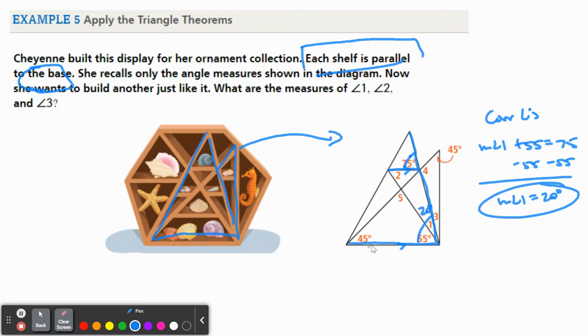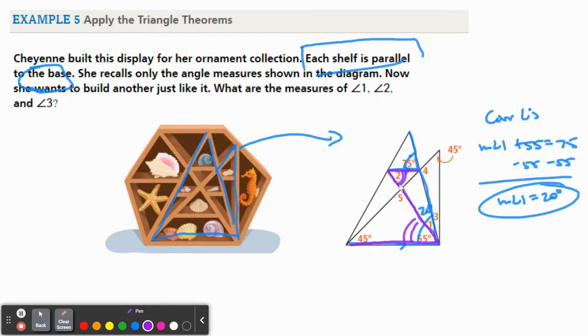Now, what about angle 2? To find angle 2, we're also going to use the parallel lines. I'll trace them in purple this time, but now we're going to use this as our transversal. I think I've said this, and if not, you'll hear me say this when we do congruent triangles. See the Z? This is a little backwards Z. This means you have congruent alternate interior angles. I use 2 arcs for angle 2 and the 55-degree angle.